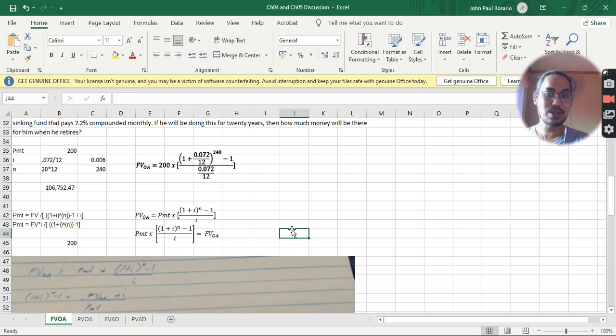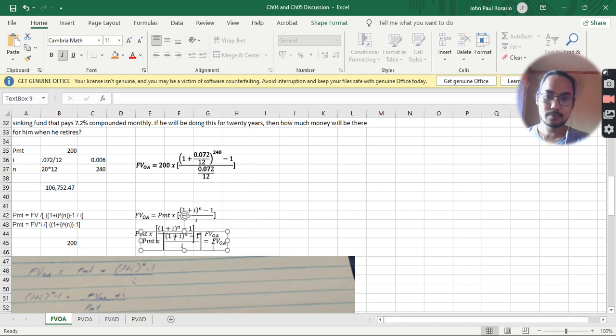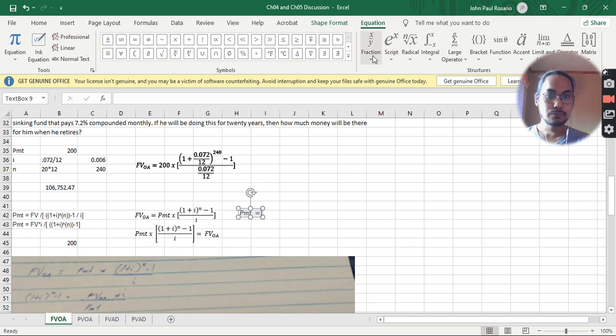And then since payment is the one which is unknown, we can simply transfer this expression here to the other side. So we'll have FVOA all over that one.